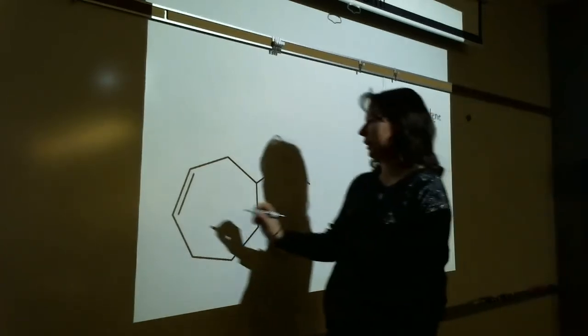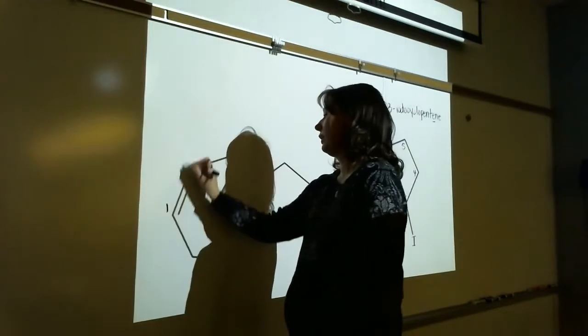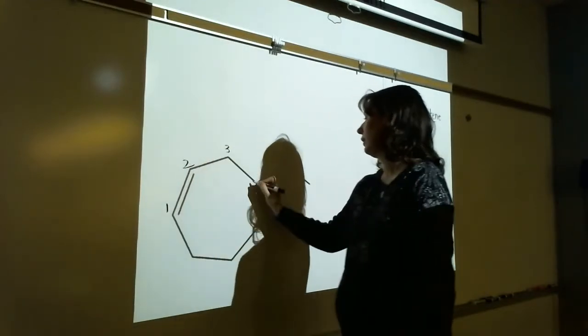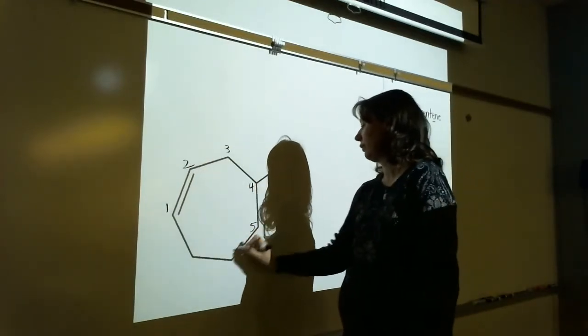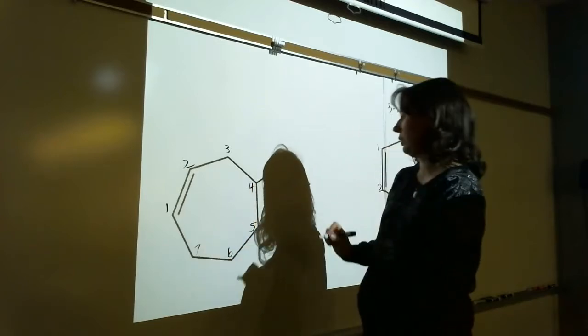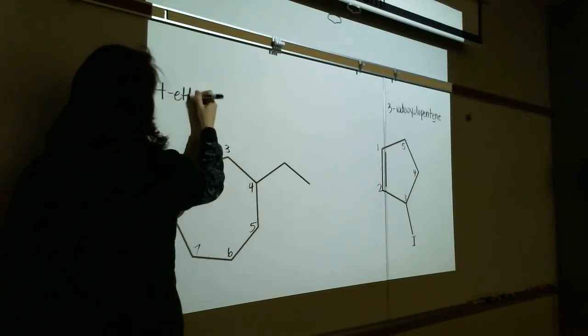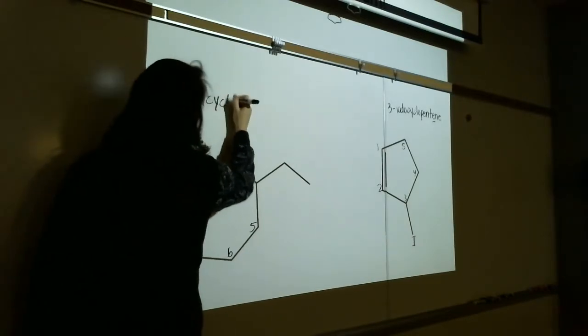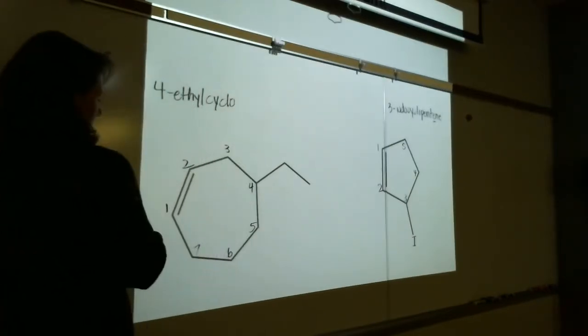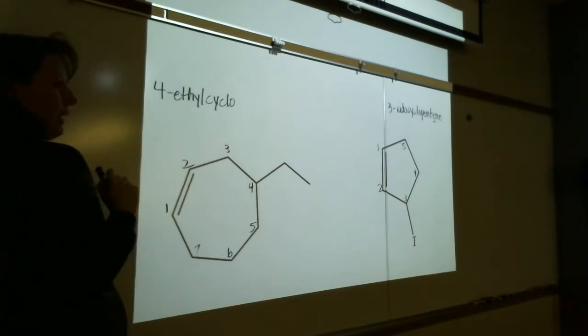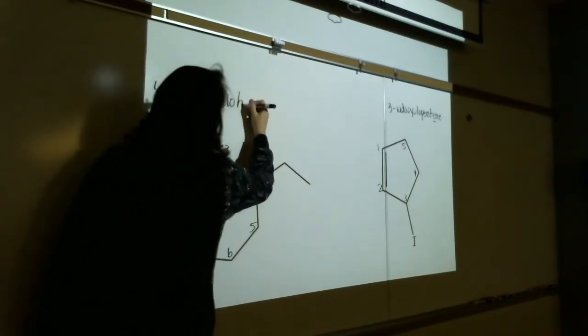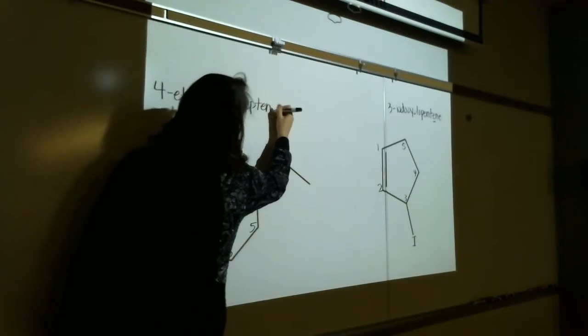For this one, we're going to number 1, 2, 3, 4, 5, 6, 7. So this is what? 4-ethyl cyclo what? 7-membered ring is a heptene.